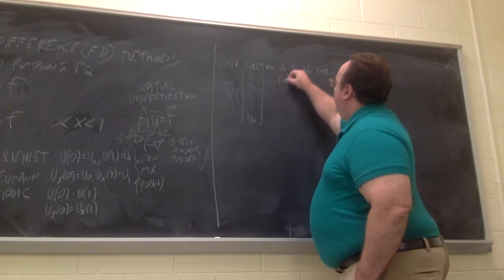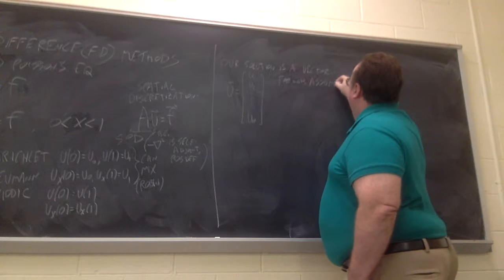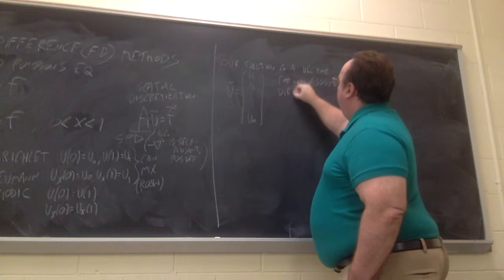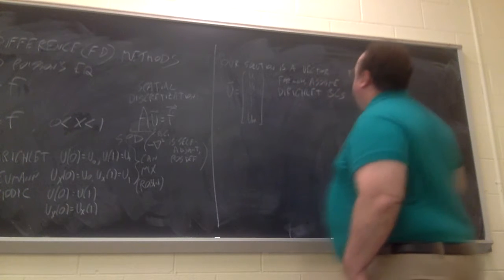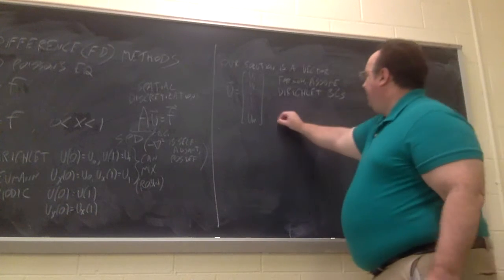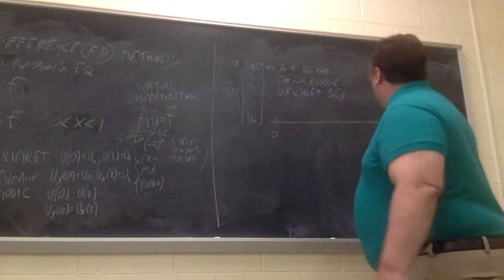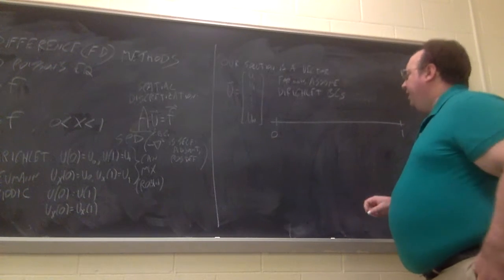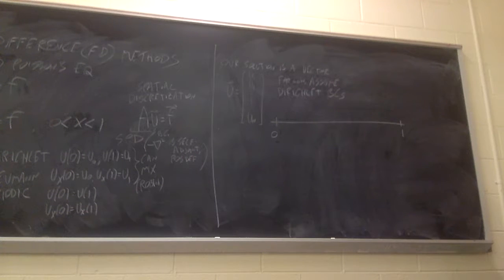Now, for now, I'm going to assume Dirichlet boundary conditions. So what that means is, at the endpoints, x equals 0, x equals 1. So here's our domain. At these points, we know the solution.